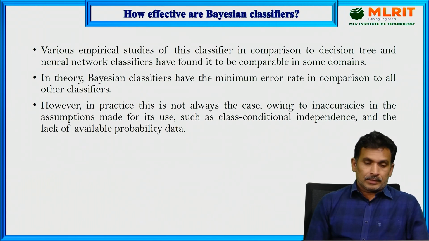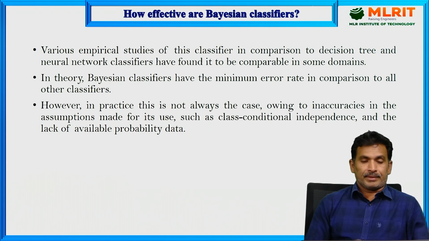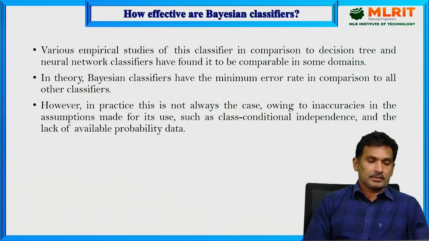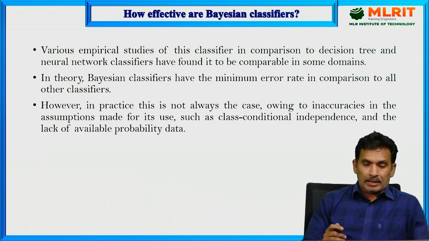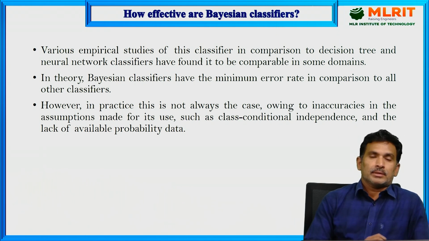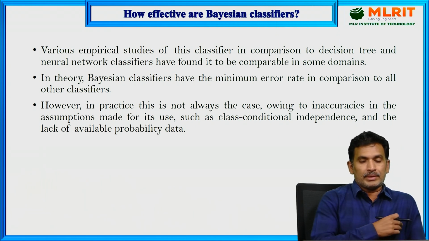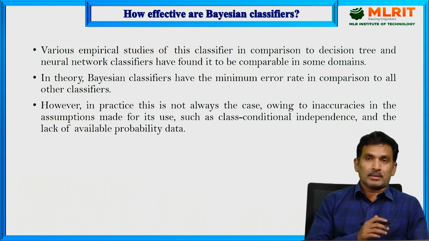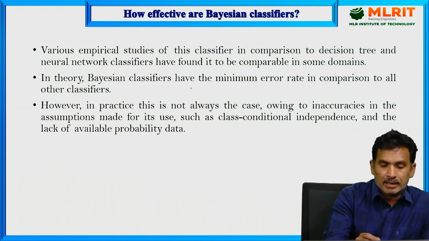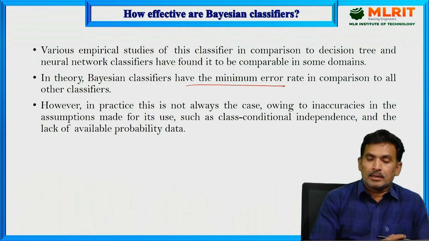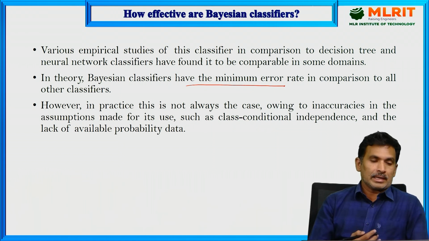So let us understand how effective these Bayesian classifiers are. Various empirical studies of this classifier in comparison to decision trees and neural network classifiers have found it to be comparable in some domains. In theory, the Bayesian classifiers have a minimum error rate in comparison to all other classifiers.